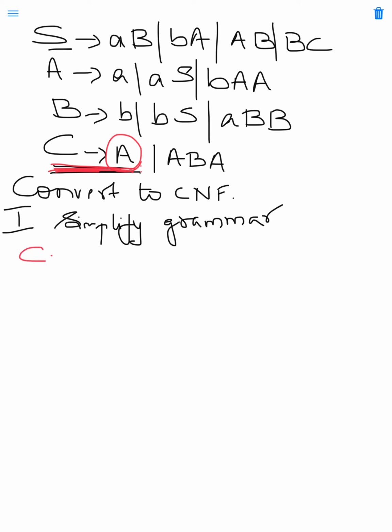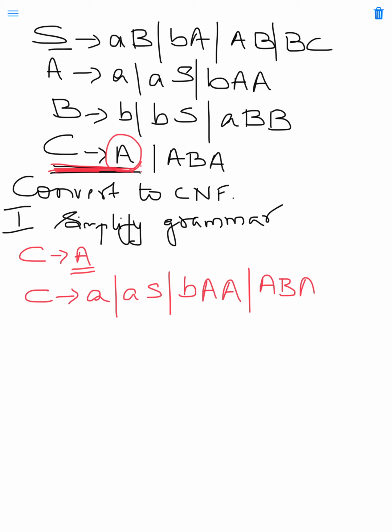So C gives A can be removed by replacing A with its right hand side. So C will be written as the right hand side of A production. You have to take AS, B, A, and the remaining thing A, B, A.